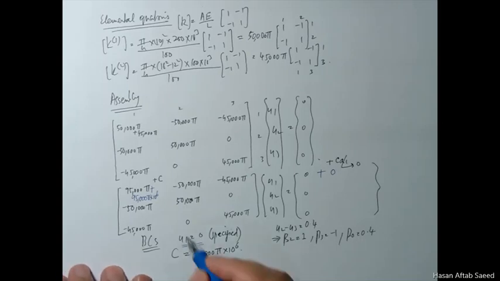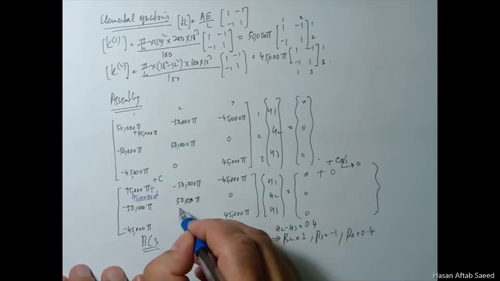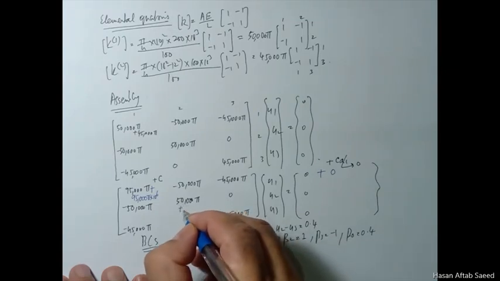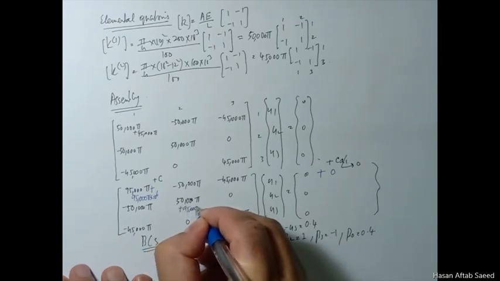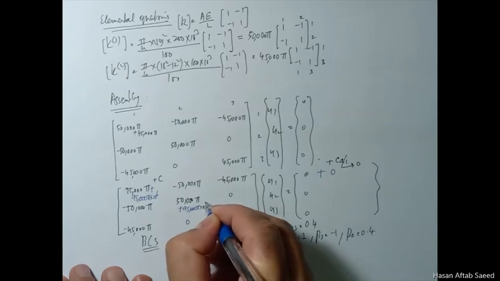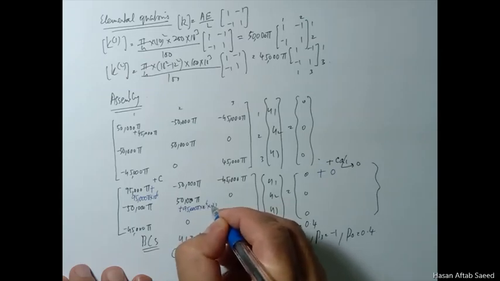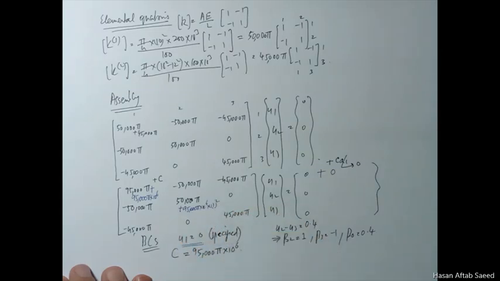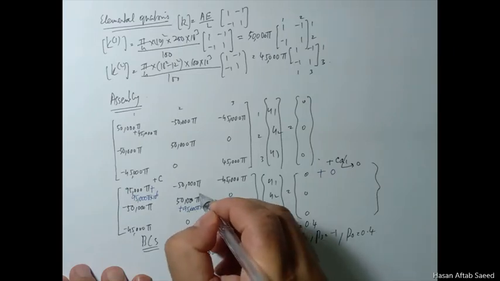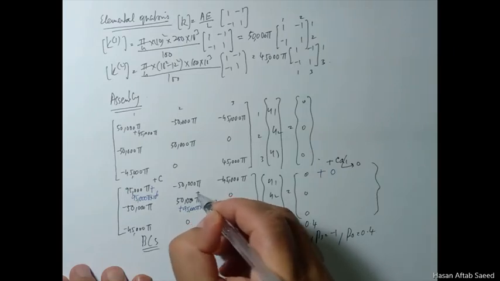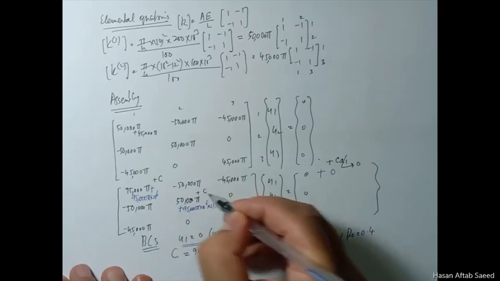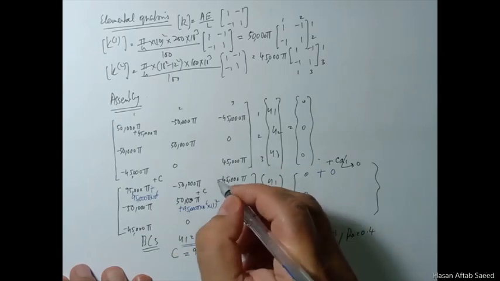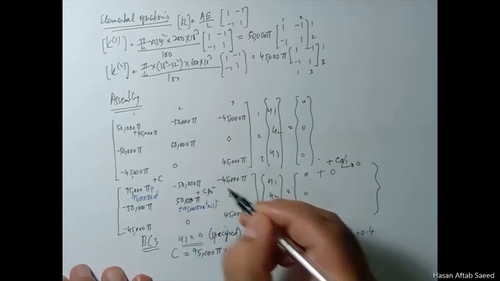So what I do is, for this I add 95,000 pi into 10 raised to the power 6 into 1 square, and let me explain what this is. This is whatever the value is plus c beta 2 square.